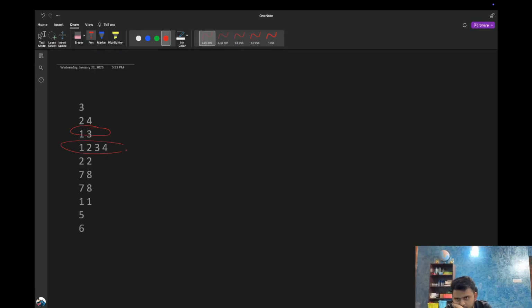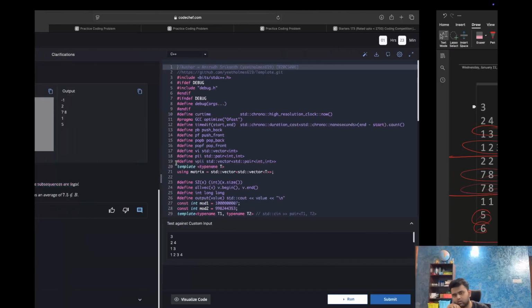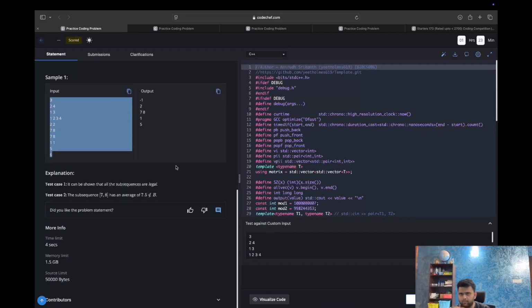So you have A, B, boom. A, B, boom. And you have B, boom. So here the option is 5, here subsequences 7, 8. Here the subsequence, there's no bad one. So sample test cases.